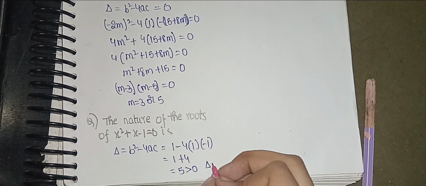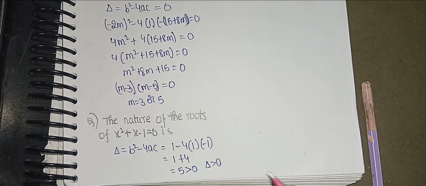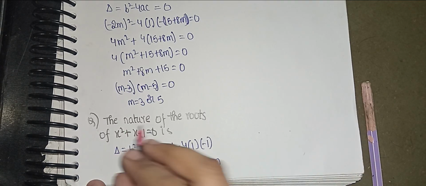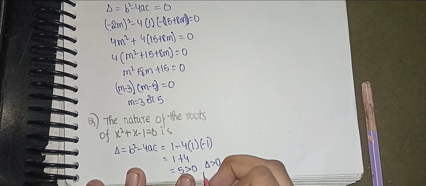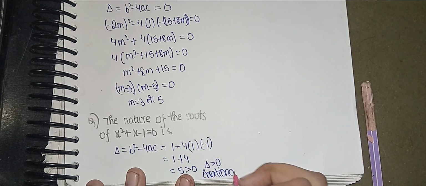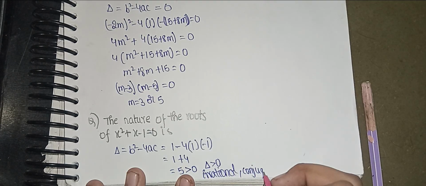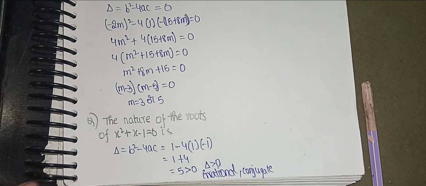Means delta is greater than 0. But this is not a perfect square. So roots are irrational and moreover conjugate. Okay. The nature of the roots is irrational and conjugate. Understood? Now I'll give you another question.